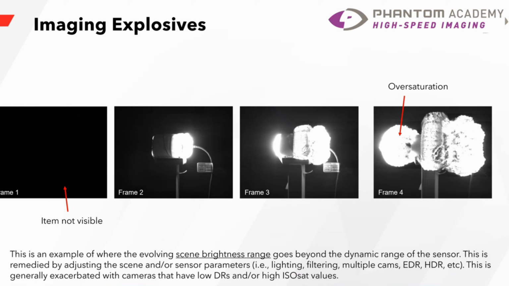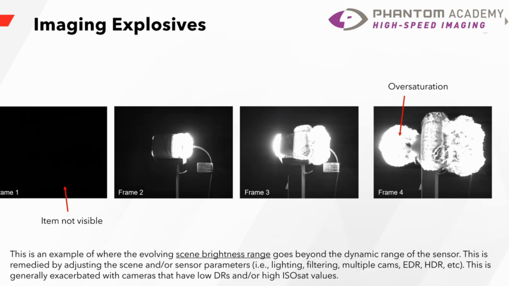This is a perfect example where the dynamic range of the sensor is simply not enough to characterize this event. The details of the object are lost to the shadows, and the details of the brights are lost to oversaturation. Another way of saying that is the evolving scene brightness range goes beyond the dynamic range of the sensor.